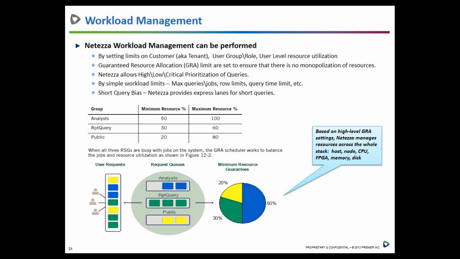Netezza also inherently has a short query bias, that is a faster lane in its scheduling. Although short queries don't necessarily perform very well, Netezza 7 has implemented the short query bias, which will at least give it a first in, first out kind of express lane where any short query will be performed in Netezza before any bulk or big data volume query will be performed.